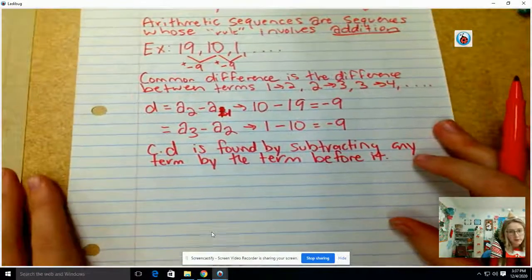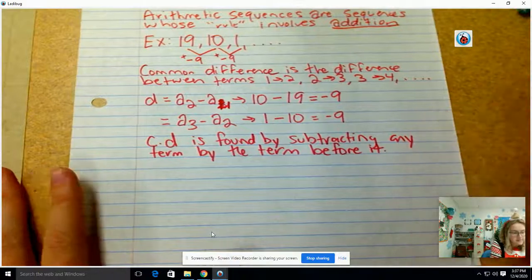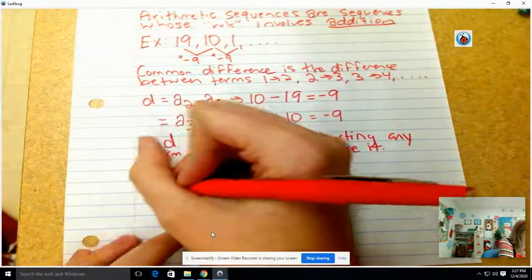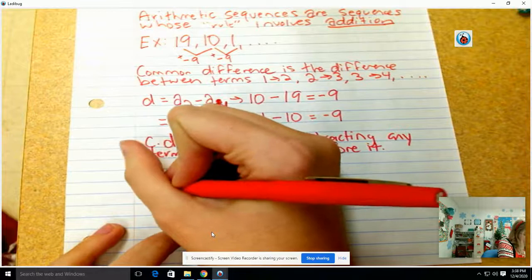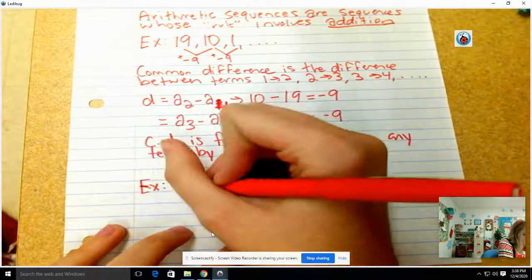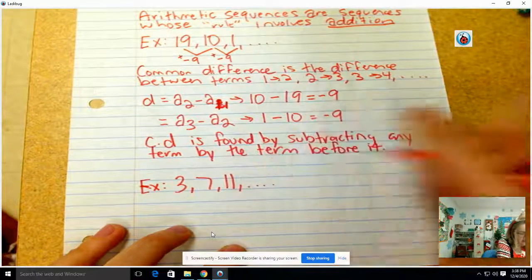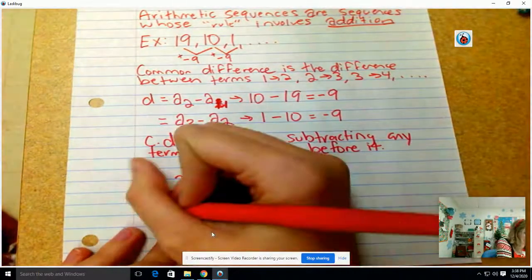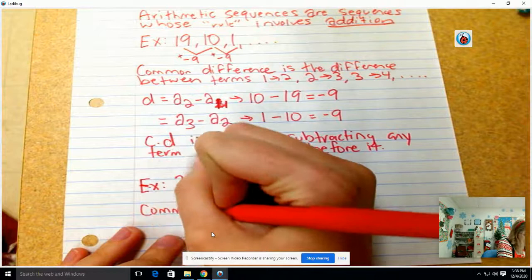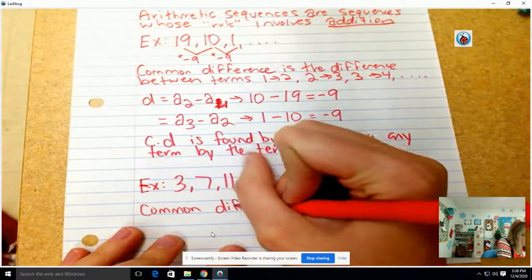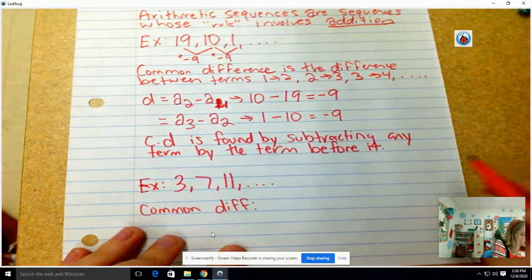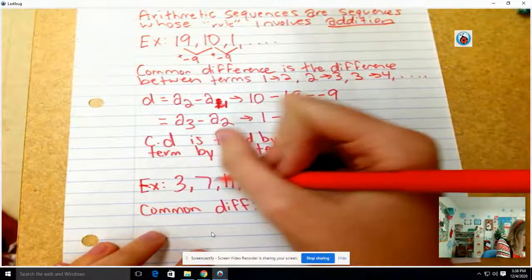So if we were given the sequence 3, 7, 11, dot, dot, dot, and we're asked to find the common difference, we'll do it both ways.